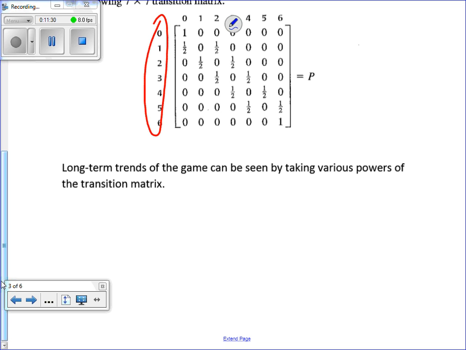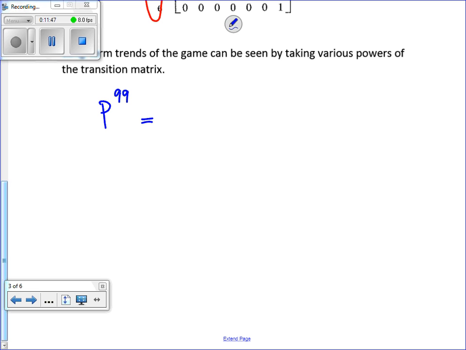So we're going to take our P matrix, and we're going to go to a really high power. We're going to take it to the 99th power. So we're going to put that in our calculator and go to the 99th power. And here's our outcome. This is what it's going to look like, approximately.